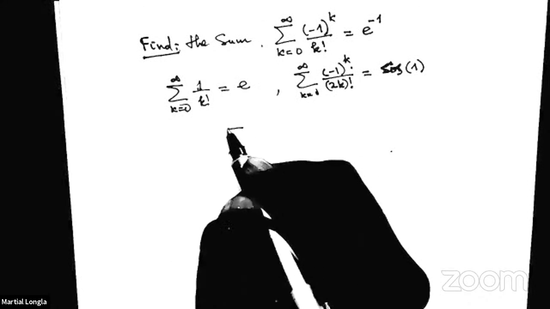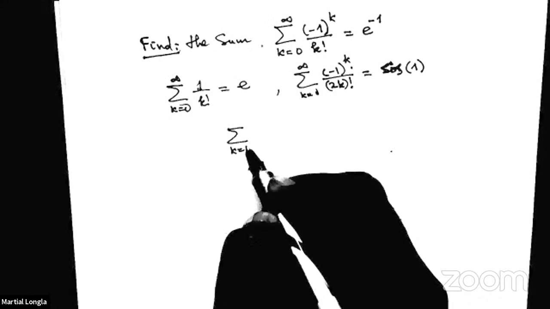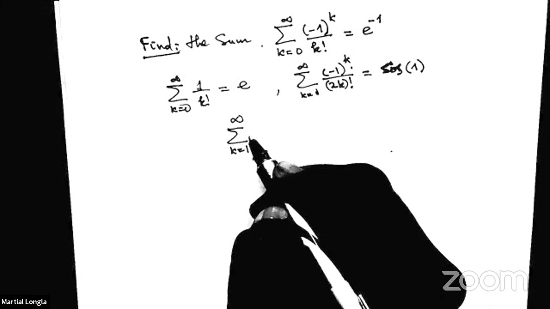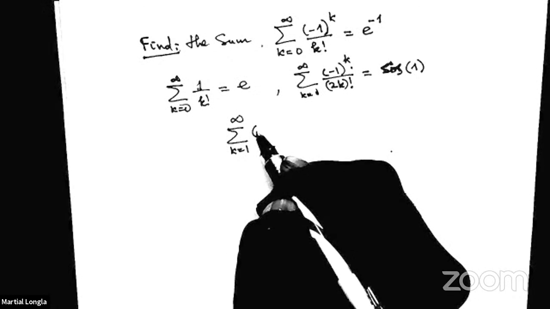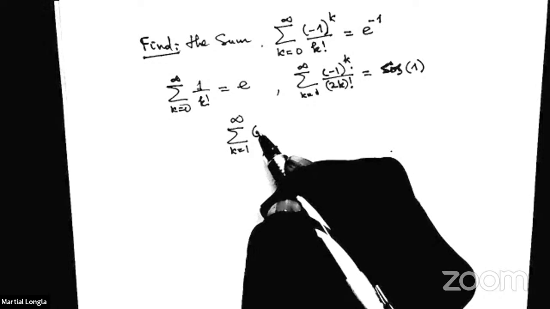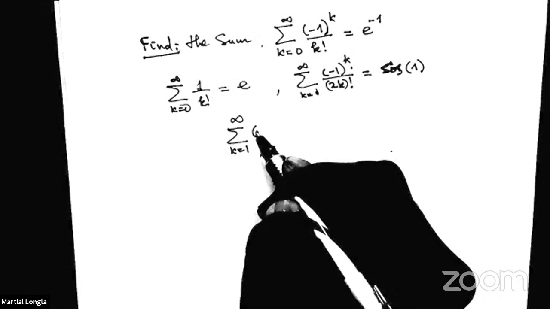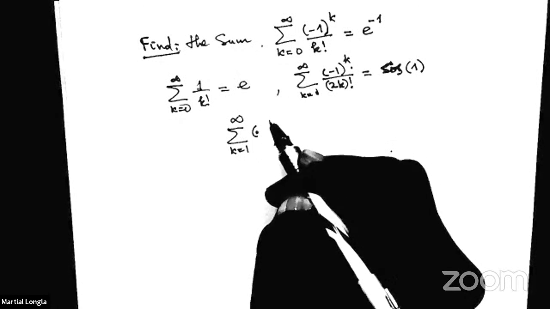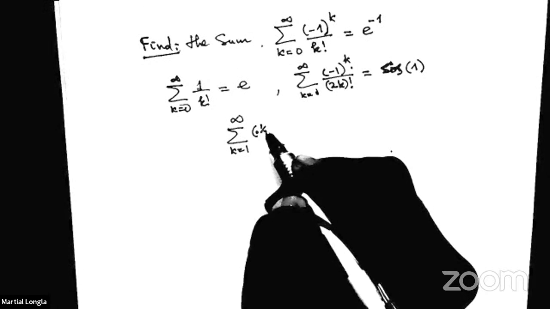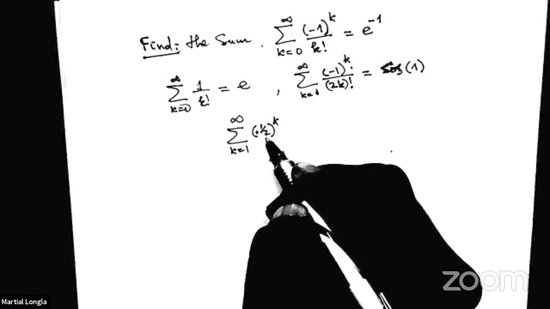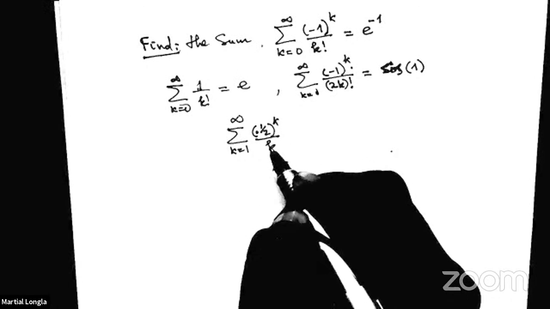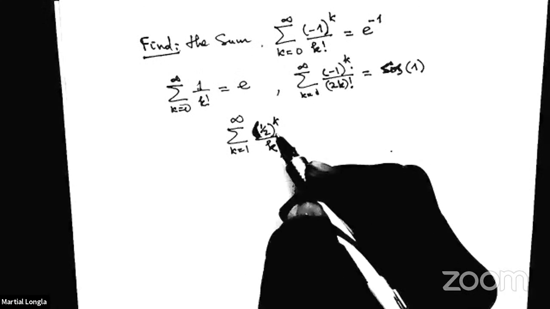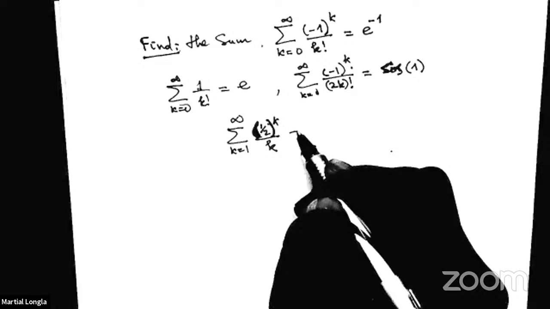It will get the sum k from 1 to infinity, what could be here? One half to the k, for example, over k. What would that be?